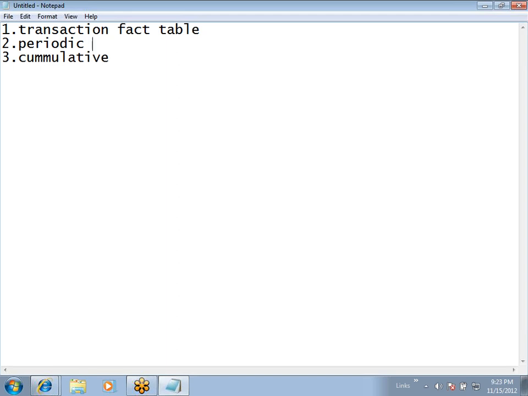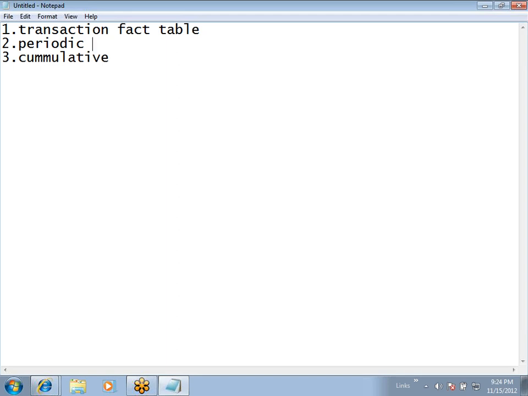Because of this, the transaction fact table, whatever we want to maintain in the warehouse, is bigger in size. Why? All the transactions that occur in the business. For example, you change the PIN number of your ATM card, or you change the transaction password of your internet banking.